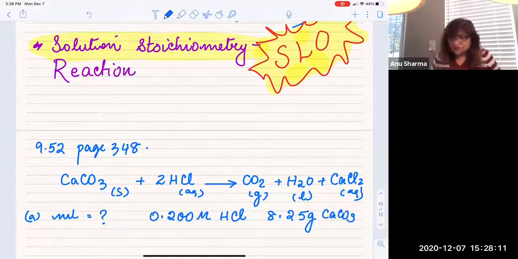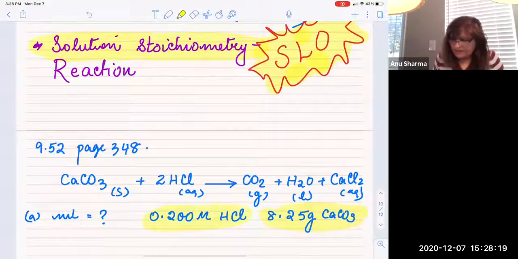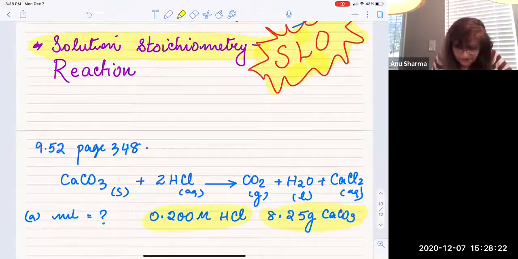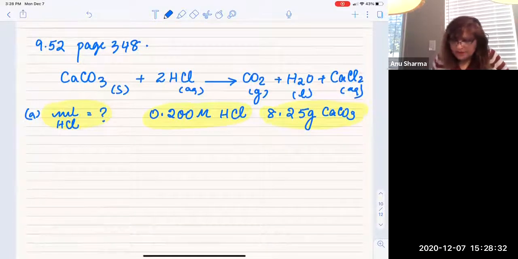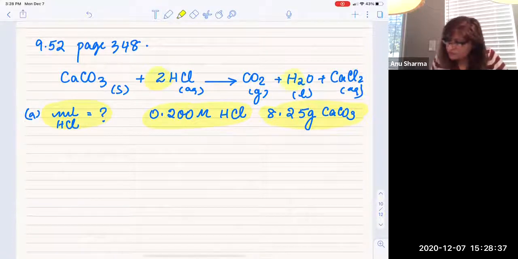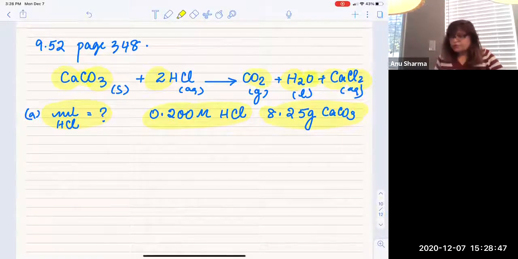So you are given 8.25 grams of calcium carbonate and the molarity of HCl, and you need to find the volume, how many milliliters of HCl. Same stoichiometry, check the balancing. Yes, the balancing is fine. 2 HCl, two hydrogens, 2 chlorines, 1 calcium, 3 oxygens, and 1 carbon. Okay, it's all balanced. Good.